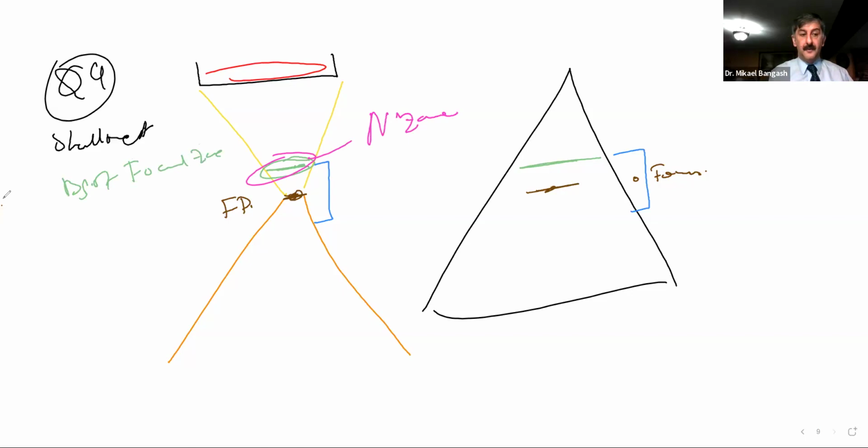The other options, whether it was the beginning of the far zone, the focal depth, or the beginning of the Fraunhofer zone, all refer to the focus or focal point.